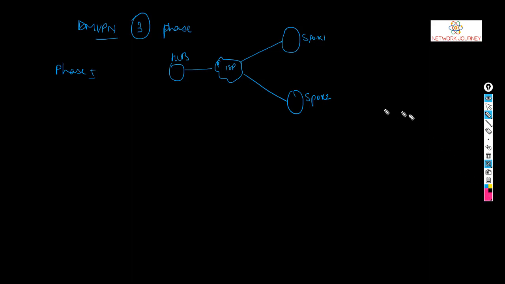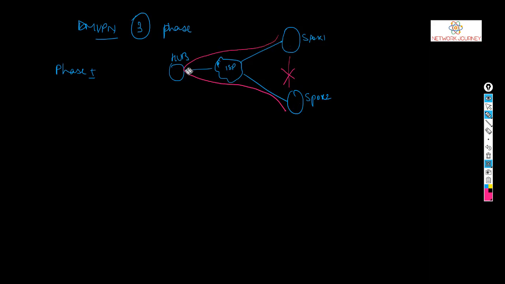Let's say I am configuring VPN phase 1 in my enterprise. As per phase 1, my traffic has to always go via this direction. That means spoke 1 cannot communicate to spoke 2 directly.